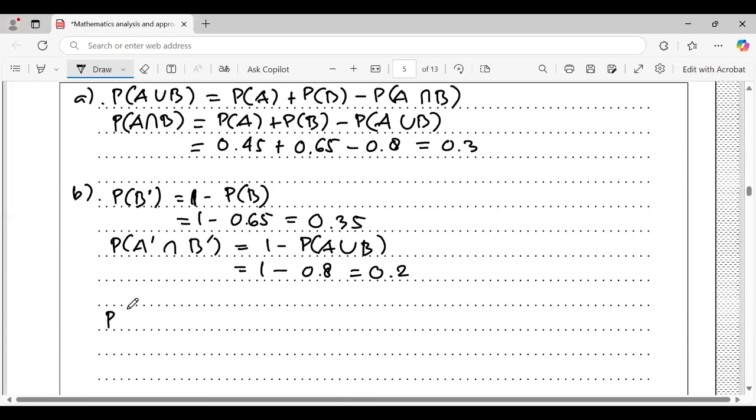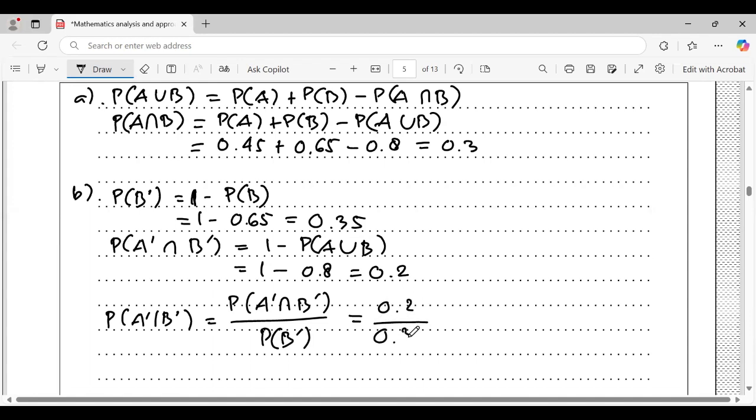And the probability A' given B' equals probability A' intersection B' over probability B'. It is 0.2 over 0.35. Multiplied by 100 equals 20 over 35, or simplified becomes 4 over 7.